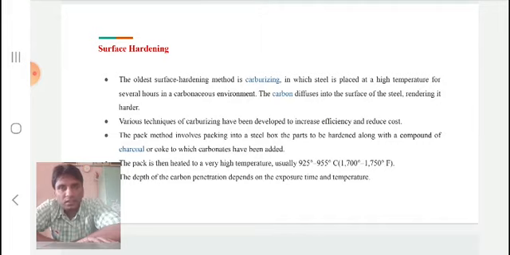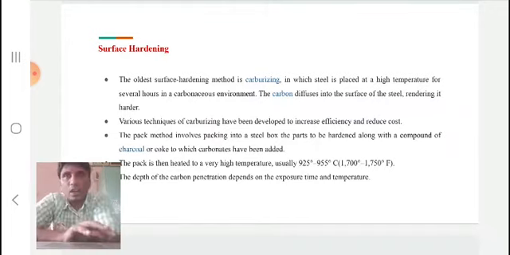In some areas the diffusion is more, in some areas the diffusion is less, and in some areas there will be no diffusion at all. Areas like corners and interstices will have no diffusion because there will be no contact of the carbon with the surface. So these disadvantages are overcome in gas carburizing.